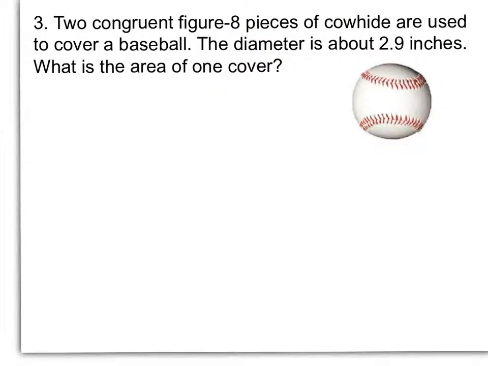Number 3 says 2 congruent figure 8 pieces of cowhide are used to cover a baseball. The diameter is about 2.9 inches. What is the area of one cover? If our diameter is 2.9, then our radius is 1.45 inches. So let's find the surface area of the baseball. That will be 4 pi times radius squared, so 1.45 squared.